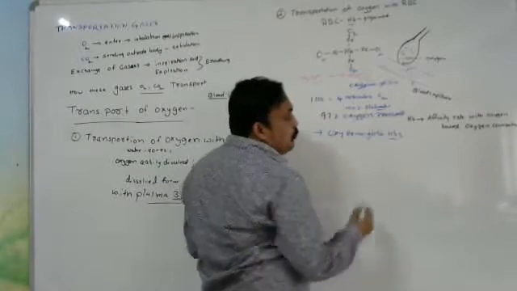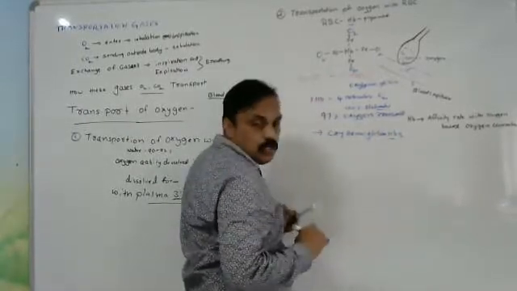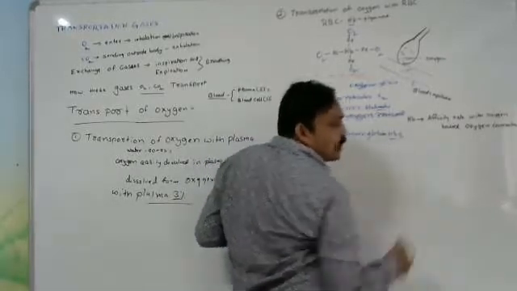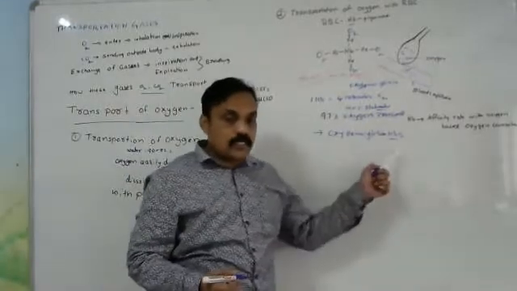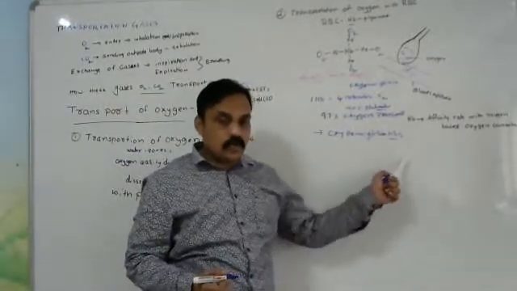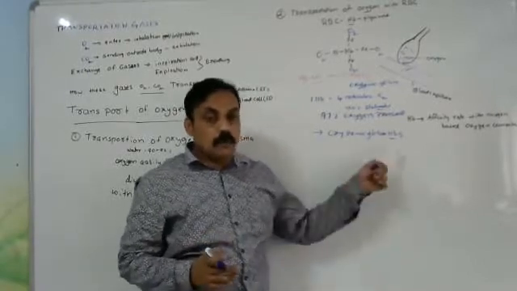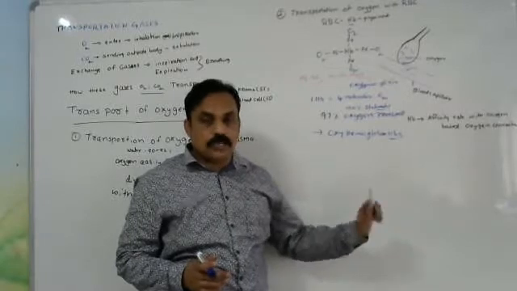When this oxyhemoglobin reaches the tissues, what happens? Oxygen concentration is less in the tissues. We already learned about exchange of gases. Since oxygen concentration is less in tissues, oxygen diffuses. Hemoglobin and oxygen separate, and oxygen enters the tissues. So try to understand that concept.